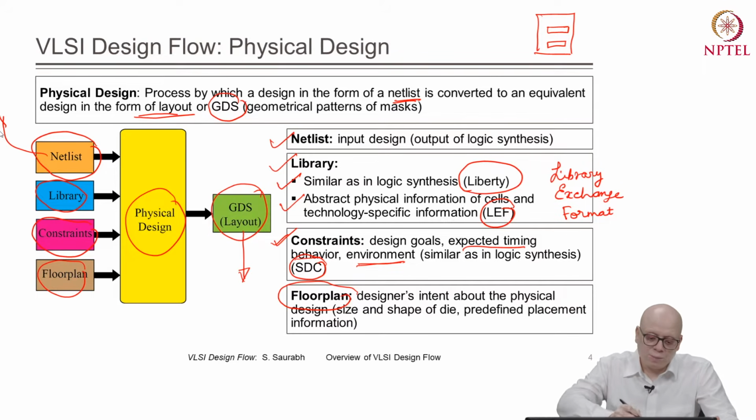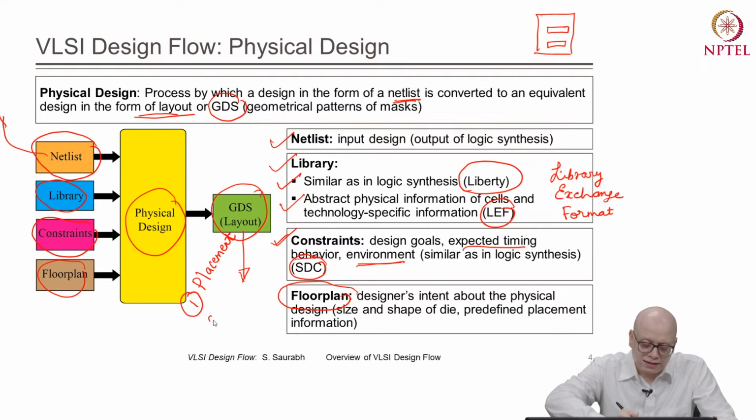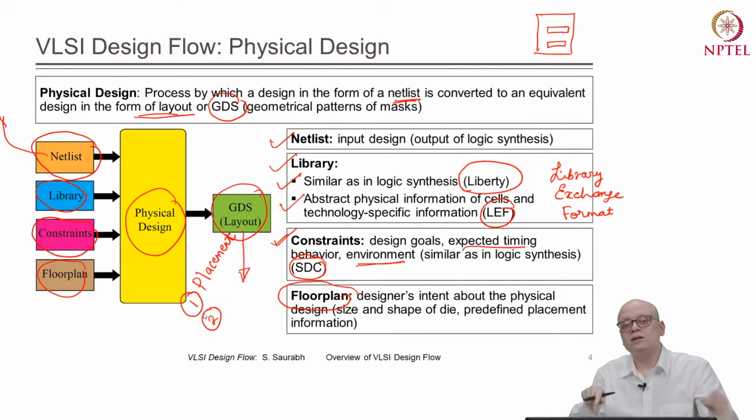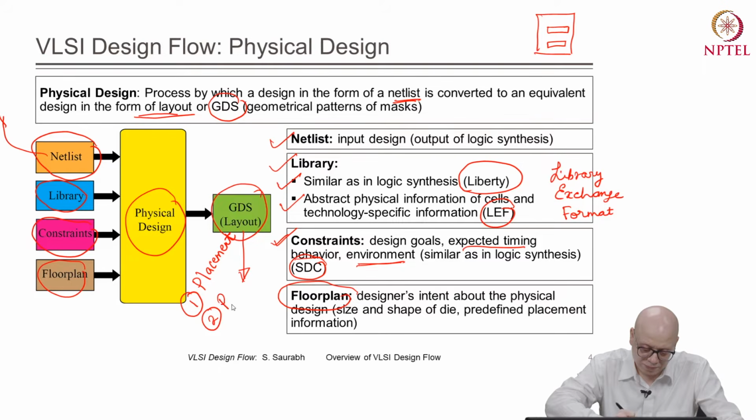So, the important information that is added by the physical design tools is, first, the placement of all the entities, and the second is the connections between these entities, and those connections are defined in terms of wires running at different layers of metal and so on. So, defining the connections on the layout, that step is known as routing, right?